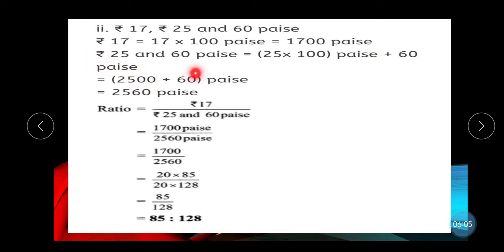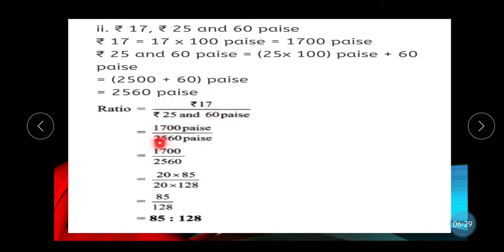Rupees 25 and 60 paise is equal to 25 into 100 paise plus 60 paise. That is equal to 2500 plus 60 paise. That will give us 2560 paise.